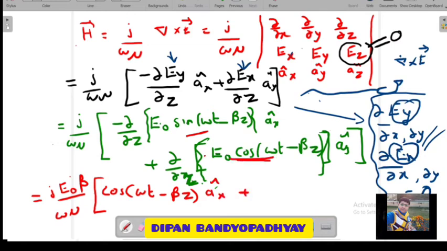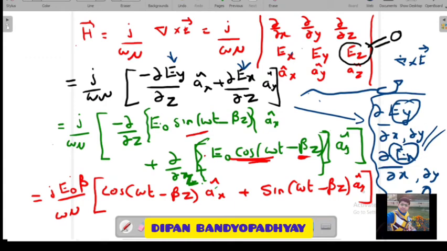Plus, if you differentiate cos, it is basically a minus sign. Again we have a minus beta here, so minus beta will come out. I have taken beta outside already, but I haven't taken the minus one. So this will be sine omega t minus beta z, ay. So there we have the sine omega t minus beta z, and here we have the cos omega t minus beta z ax.